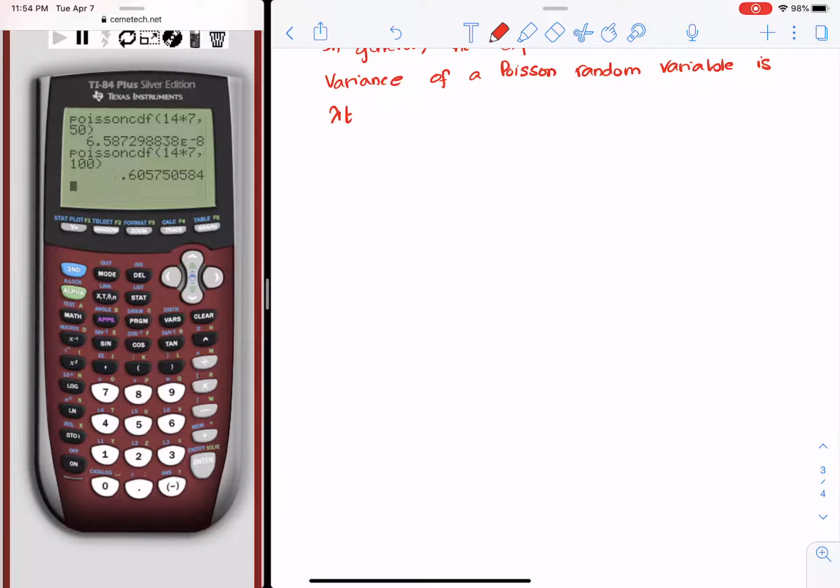So in our example, 14 per day, 14 times 7, on average we would expect to have 98 patients.